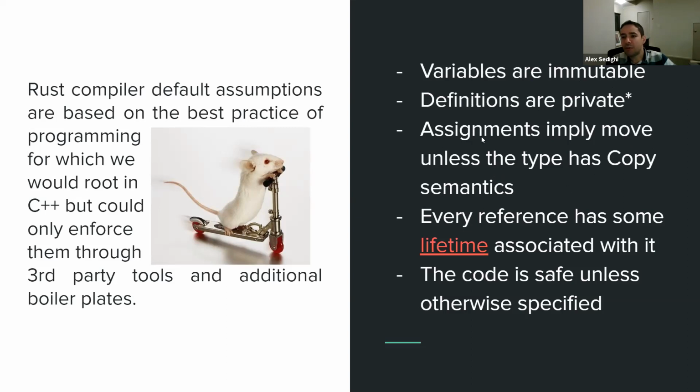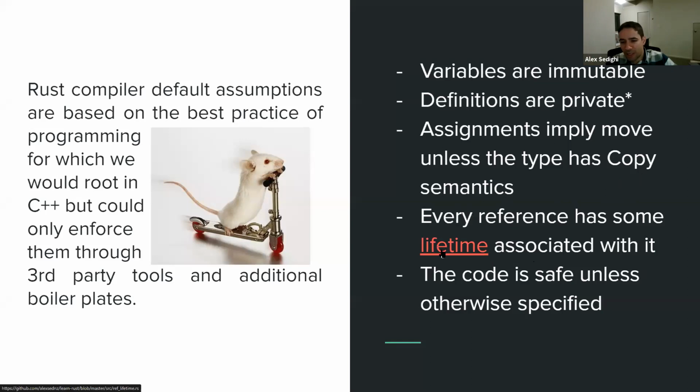Then the assignment would be copied. It would definitely be copied, it's not like it would choose to move. The other thing is, any reference that you create in Rust has a lifetime associated with it.